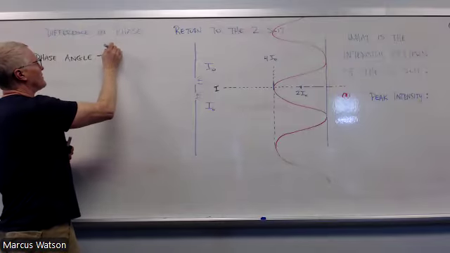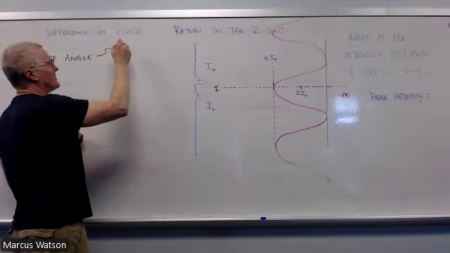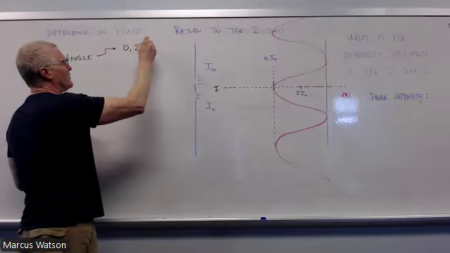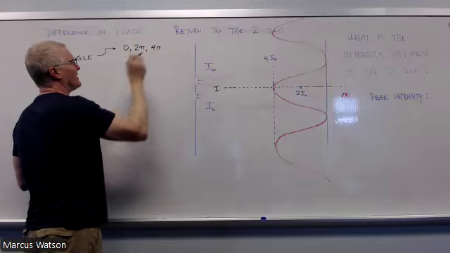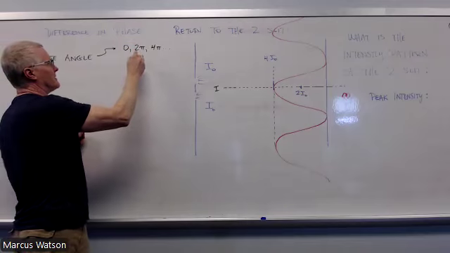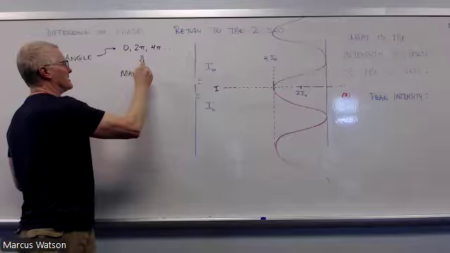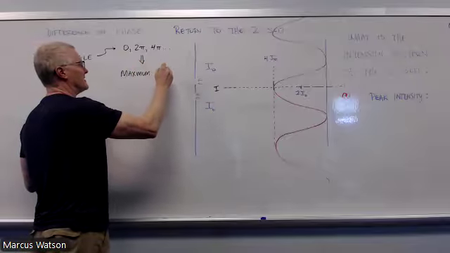When the phase angle is, say, 0 or 2 pi or 4 pi, we get maximum intensity.